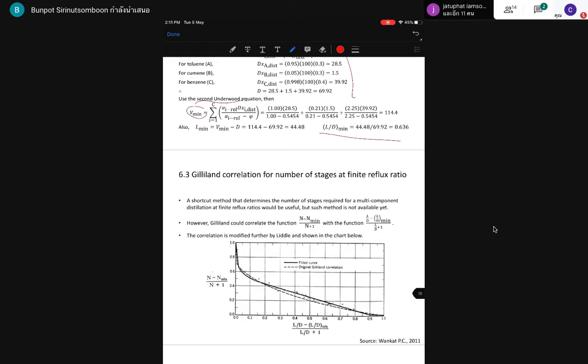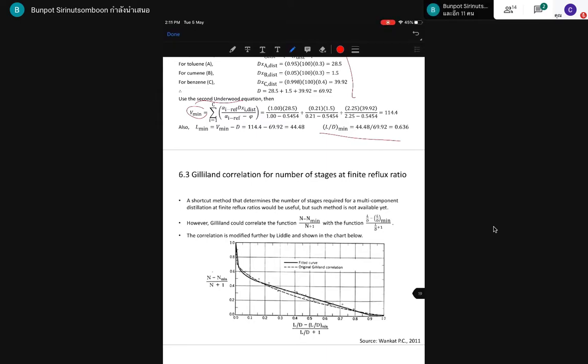To find the actual N, you can use this Gilliland correlation plot, using the minimum number of stages and the minimum reflux ratio that we calculated from the Fenske and Underwood equations.